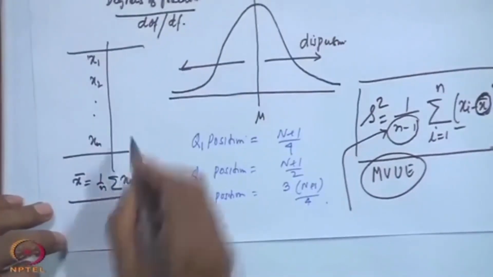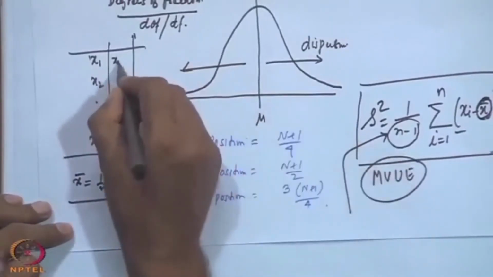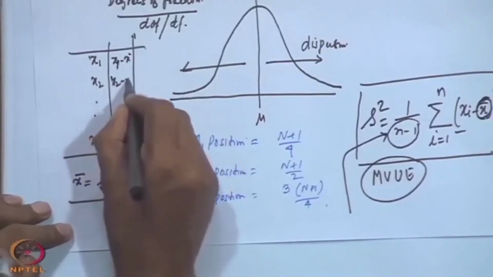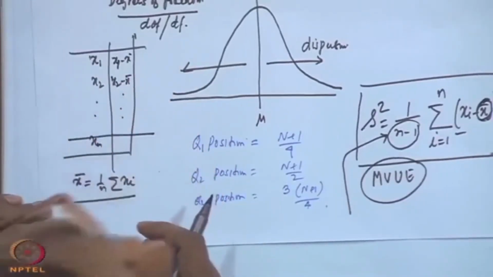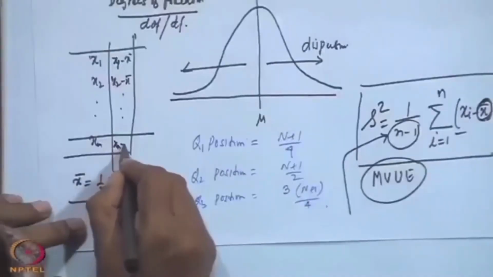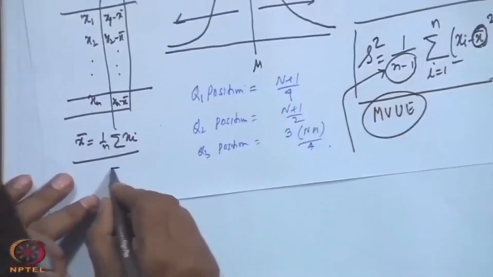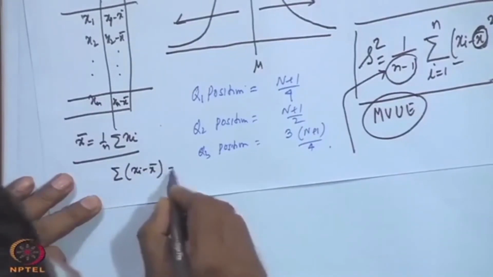So what has happened ultimately here, when you find xi minus x bar, that is x1 minus x bar, x2 minus x bar, like this, for the last one you do not require to compute, it is automatically computed. I mean, suppose I write the sum of xi minus x bar, what will be the value?